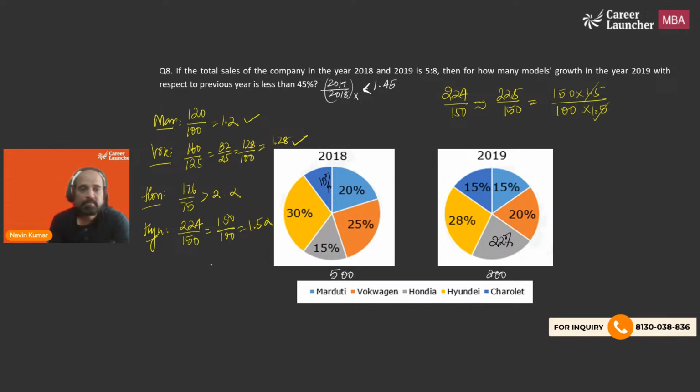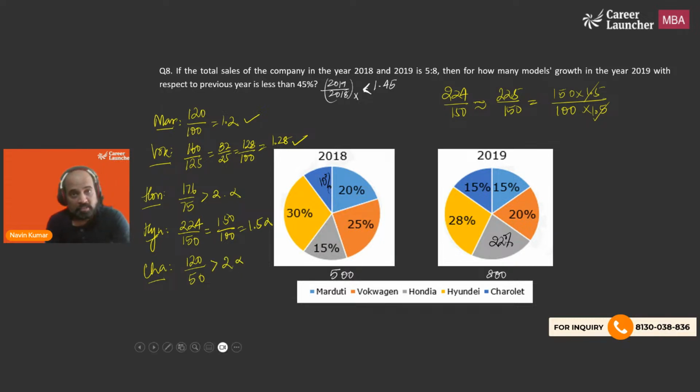Okay. Now, if we look at the last one, which is Chevrolet. So it is 15 into 8, which is 120. And this is 10 into 5, which is 50, which is going to be greater than 2. So should not be included.